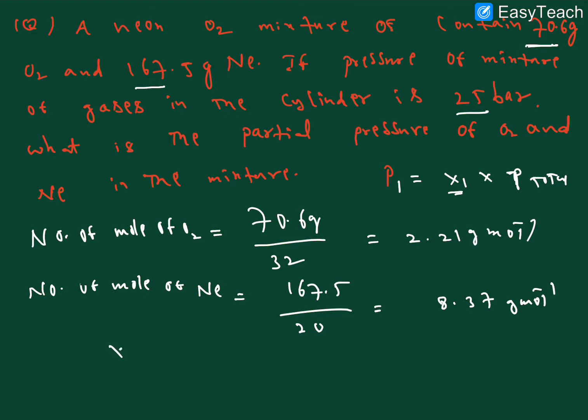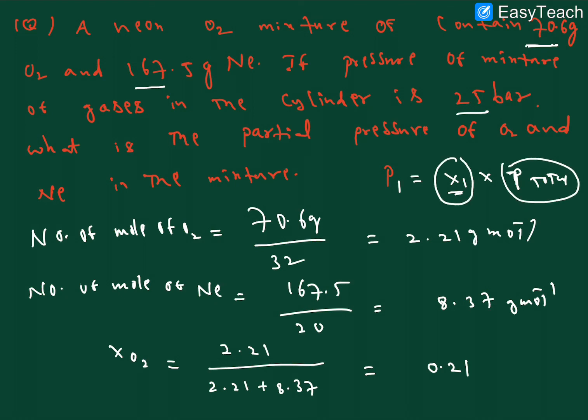The mole fraction of O2 is equal to the number of moles of O2, 2.21, divided by the total number of moles, 2.21 plus 8.37. That gives the mole fraction 0.21, right? We got the oxygen mole fraction, and the total pressure is also there, so we can substitute these two values and get the partial pressure of oxygen.